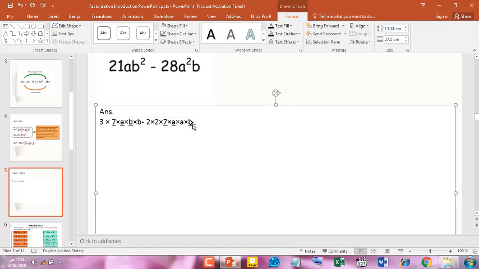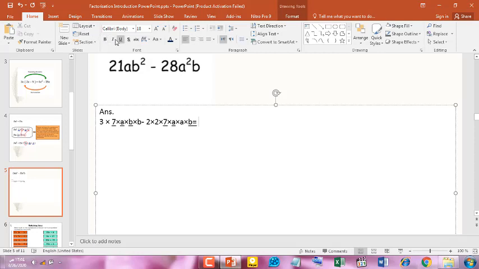So we are going to write equal, what are we going to write outside? We are going to write the underlined terms, which are 7ab.